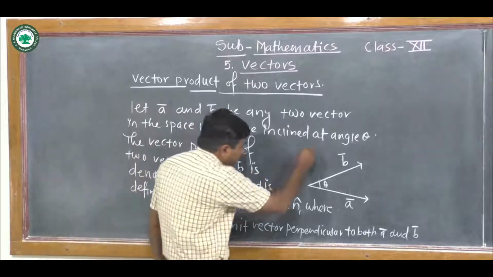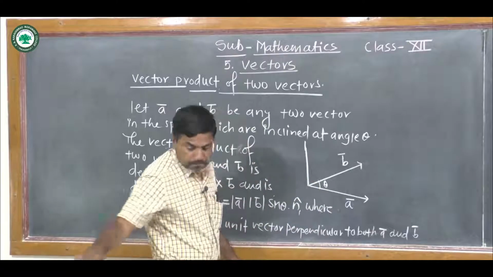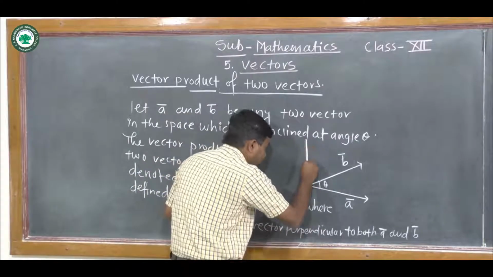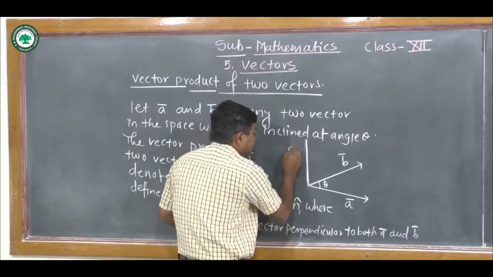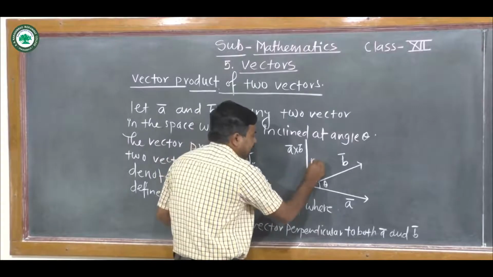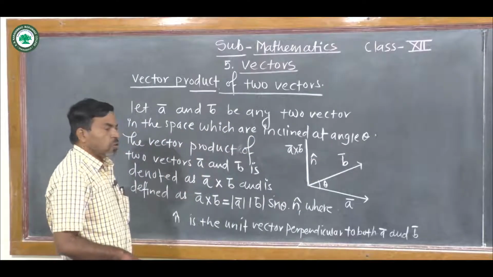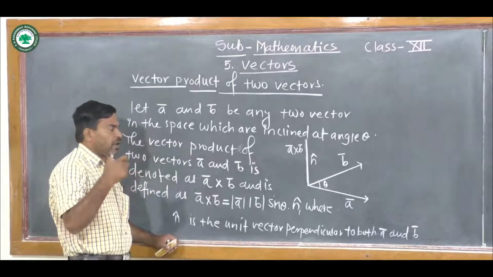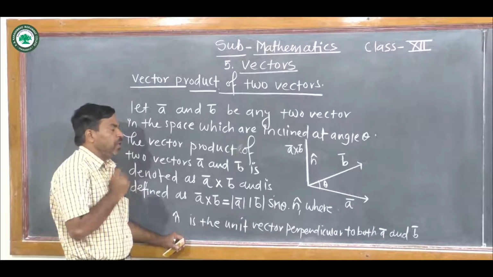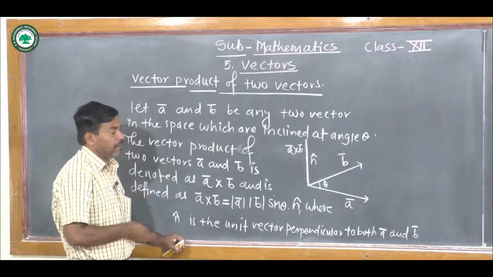Here, this is the vector A bar cross B bar, and along this vector, n cap is the unit vector. So cross product of two vectors is a vector, and that vector is perpendicular to A bar and B bar, or it is perpendicular to the plane of A bar and B bar.